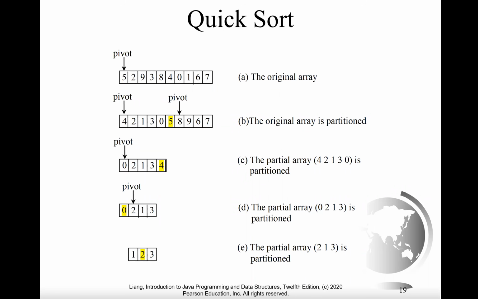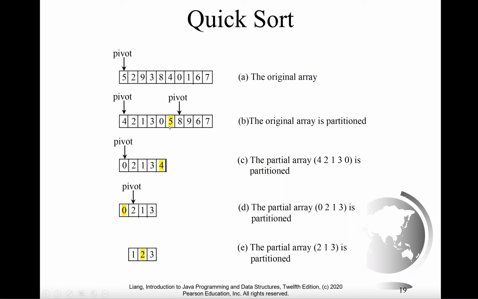Let's look at this example here. We're going to use this pivot 5 to partition the list into two parts. So put the 5 here. All the numbers on the left are less than or equal to 5, and on the right are greater than 5.